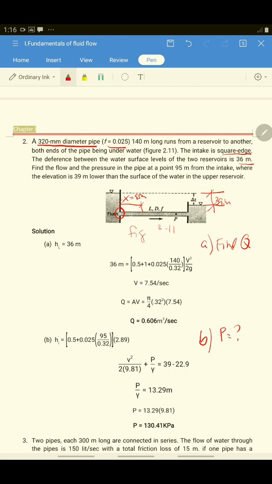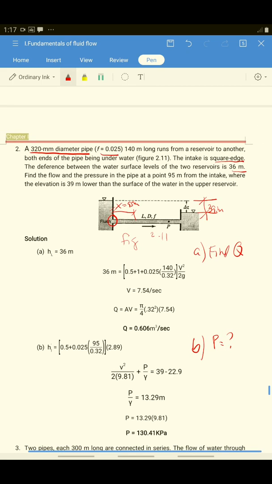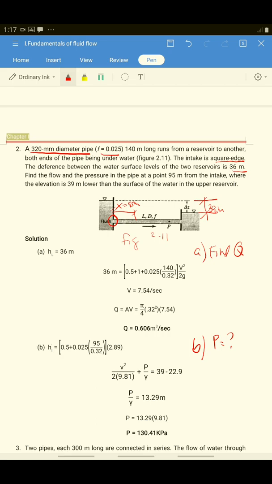Okay, from the figure, I hope you understand this. Okay, so let's try.